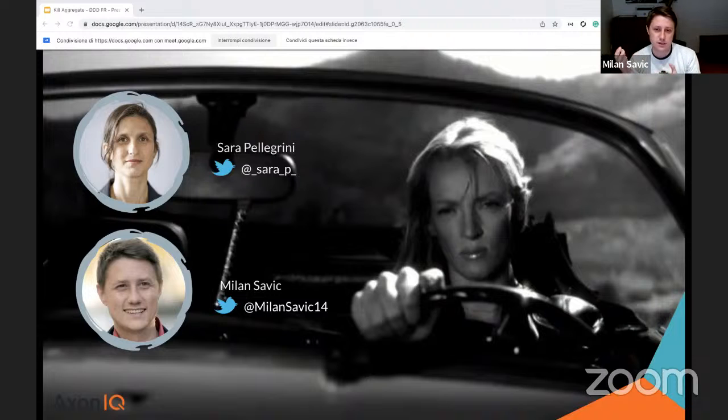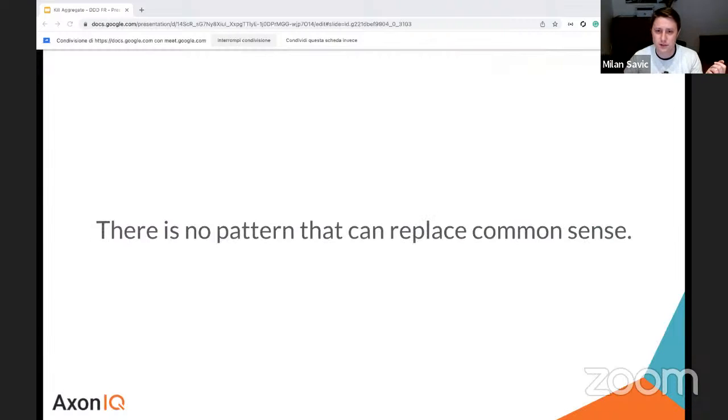It is a knife, a tool that we are giving you as an idea, and you should use it, as Sara said, with common sense. There is no pattern that can replace common sense. Of course, you can lock up the whole event stream, but probably it makes no sense.